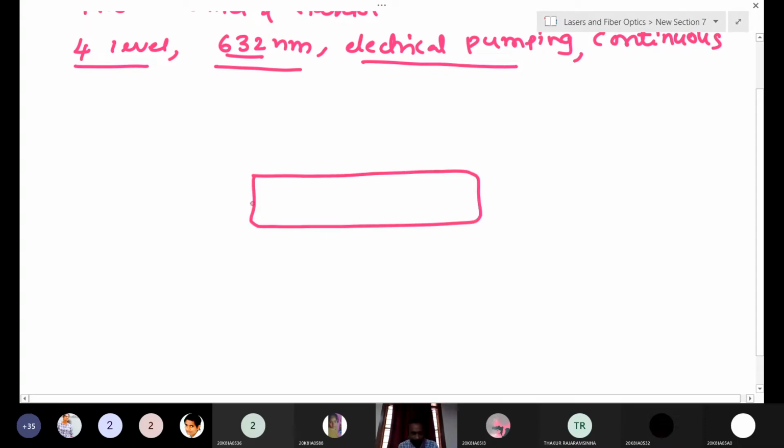In our homes, how does a tube light work? Anybody, please answer this one. Do you know how a tube light works? It is based on electrical discharge.